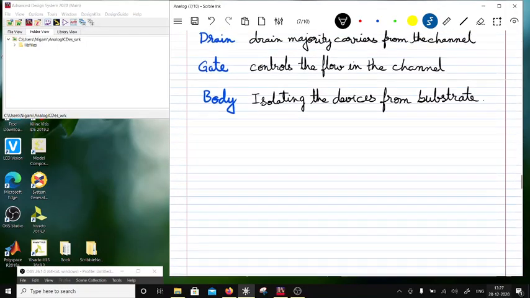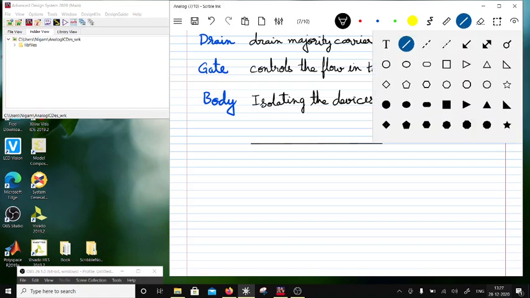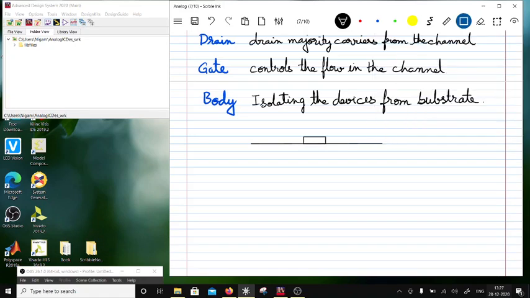Okay, let's see one by one what is happening over here. It doesn't matter, I'm going to draw this again. So you have got a gate, and let's assume that initially I have all the terminals, so this is basically N plus, N plus, P minus.